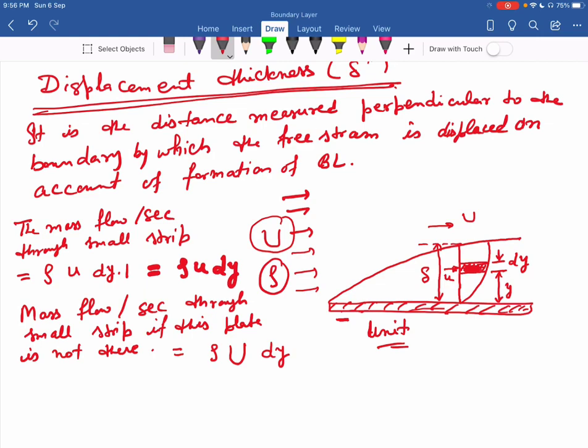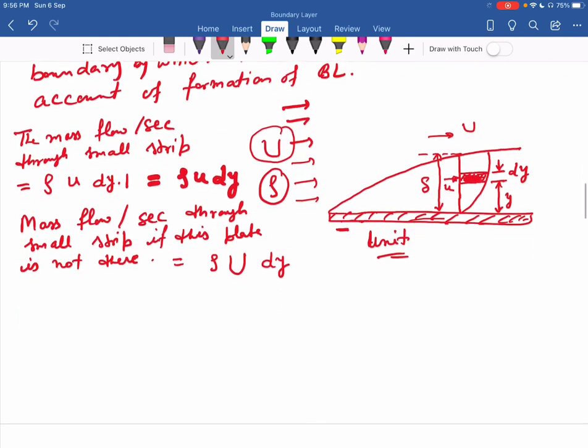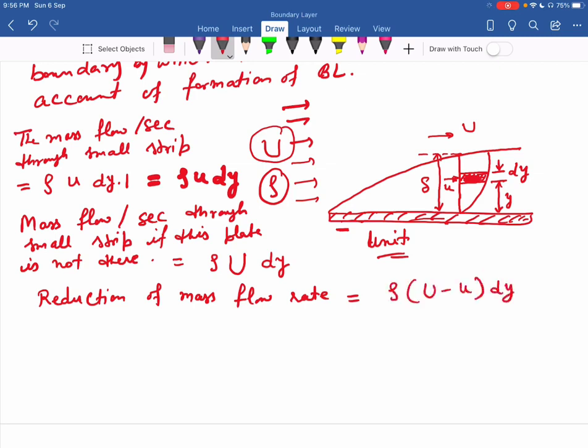Now with the presence of this plate, there is a reduction of mass flow rate. The reduction of mass flow rate is equal to the difference of these two, so rho into (U minus small u) into dy. The term U minus u we also call the velocity defect.